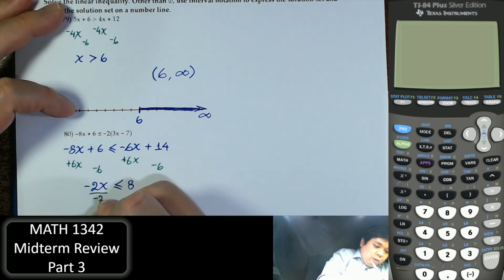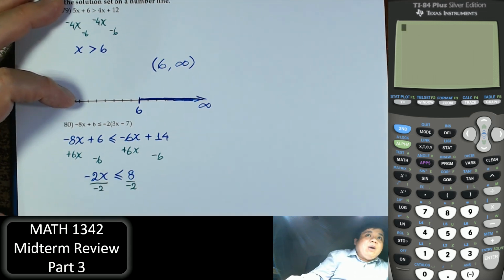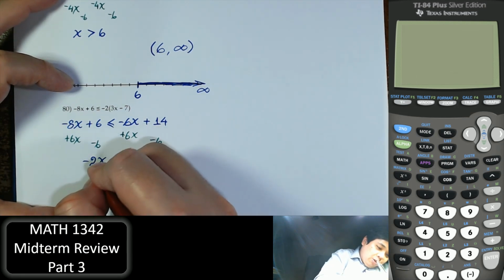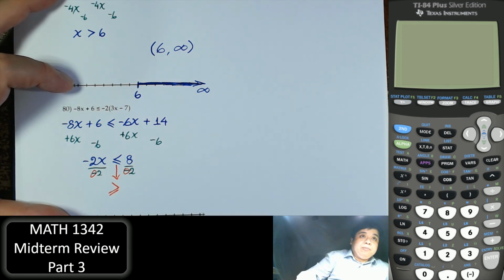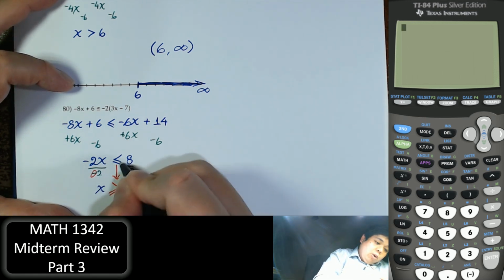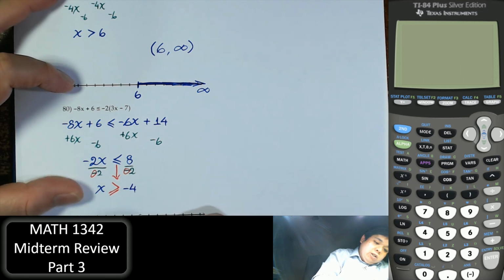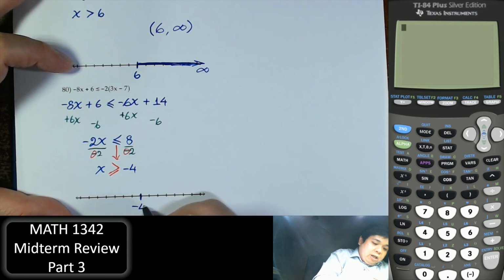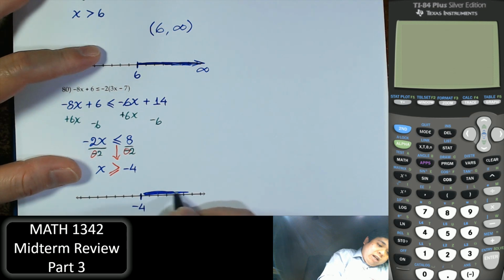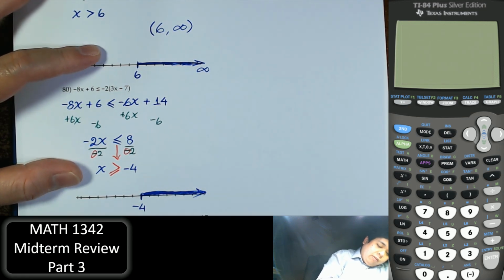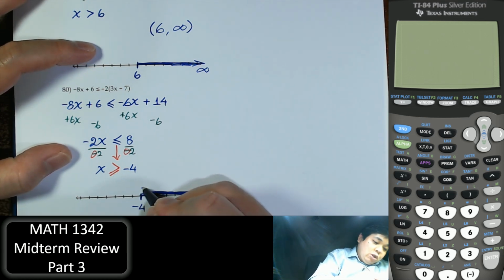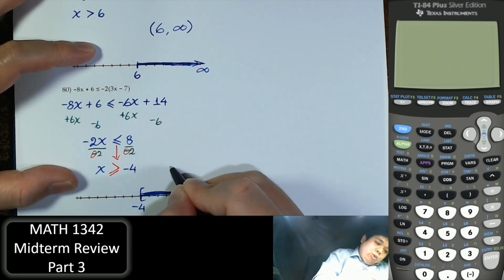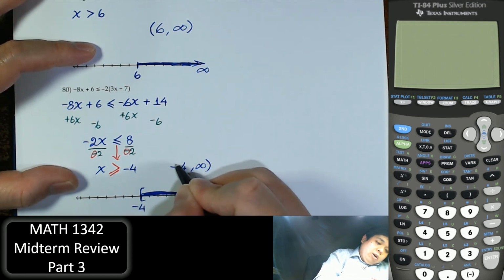Divide by negative 2 on both sides. Now we divide by a negative number on both sides, so the inequality must be reversed. That gives us x greater than or equal to negative 4. So let's say here is negative 4 and greater than, once again, is on the right hand side. And greater than or equal to has the equal to, so that's the bracket. So we go from negative 4 to infinity with the bracket.